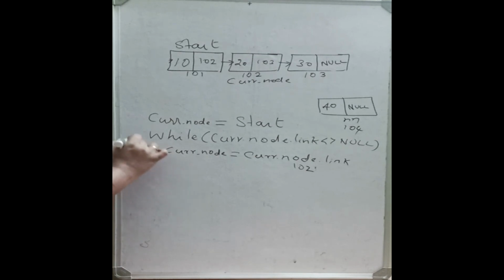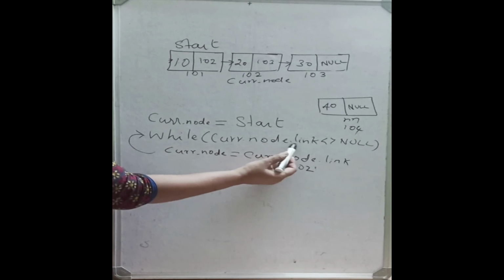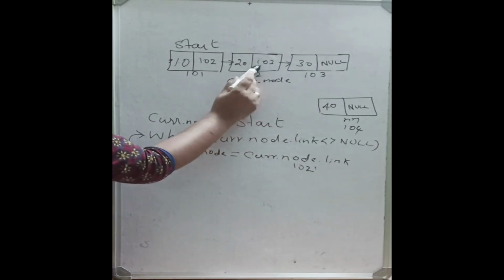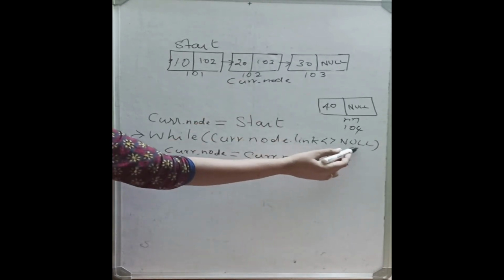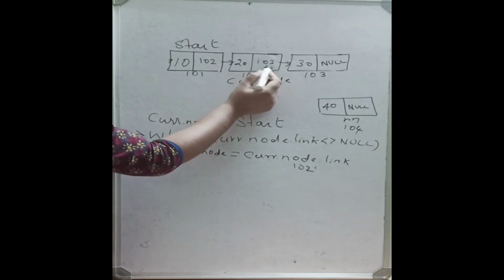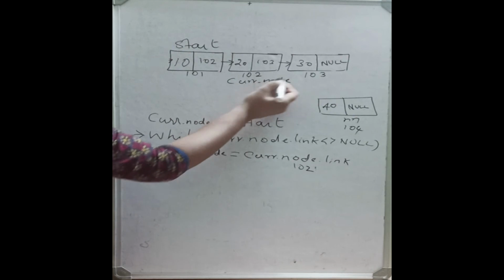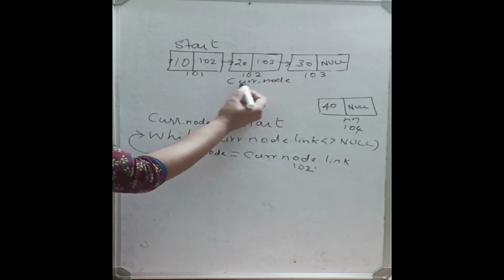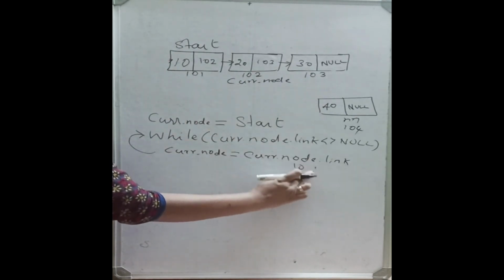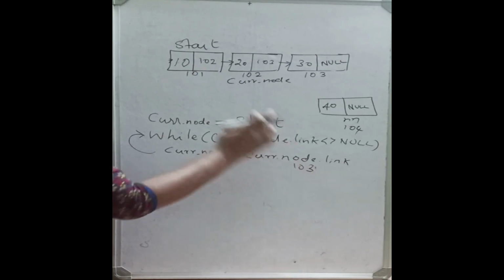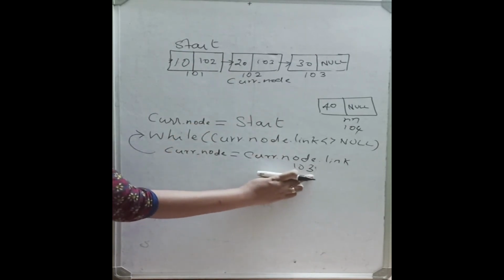Again, the while loop will continue. Now current node dot link is not equal to null. Yes, this is not equal to null. So again we move current node from here to here. Now in the current node link we have 103, so 102 will be replaced by 103.